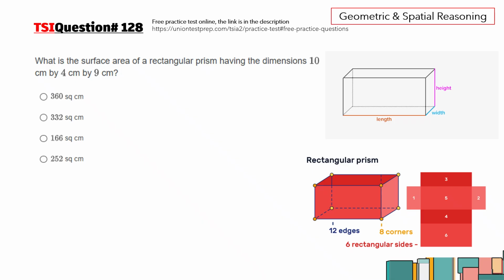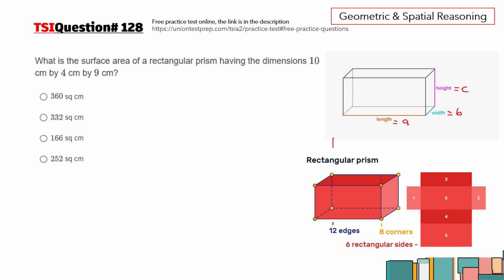If we call the length A, the width B, and the height C, you will see that the rectangular prism has 6 faces. Face number 1 equals face number 2, number 3 equals number 4, and 5 equals 6.